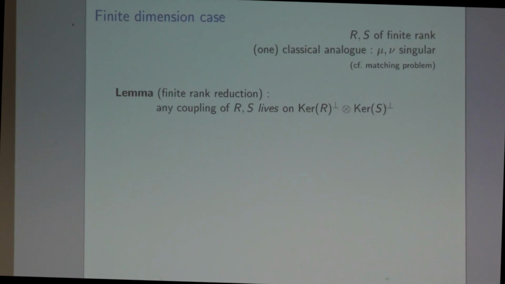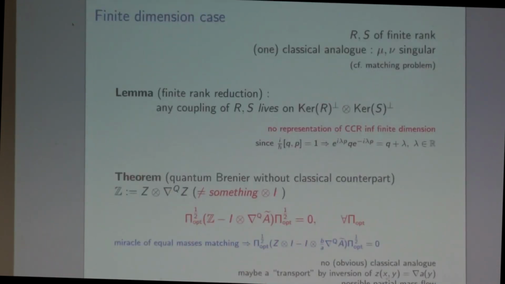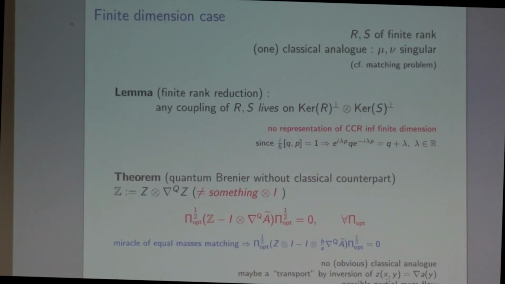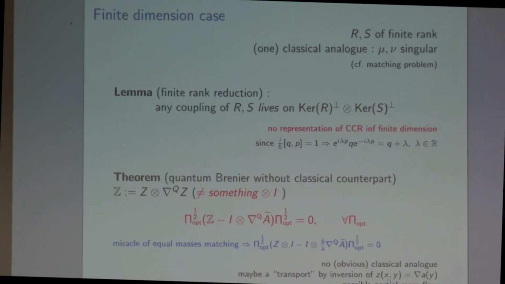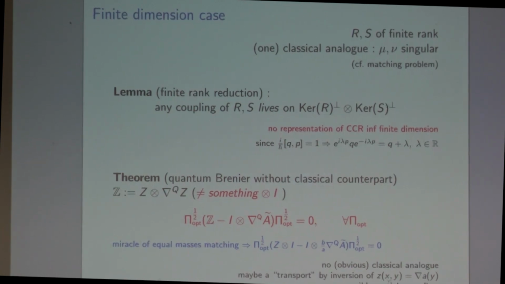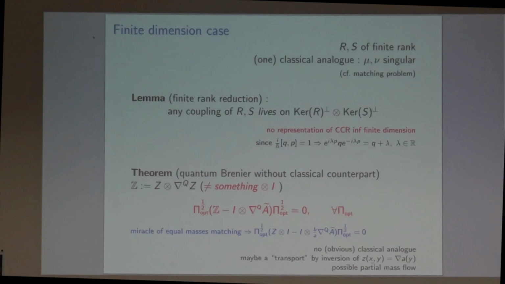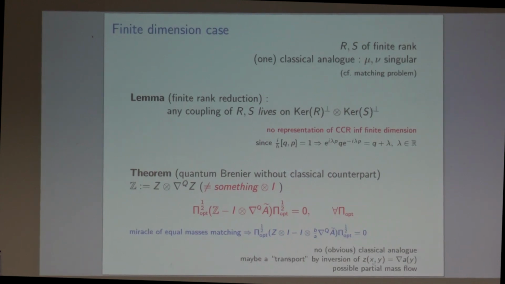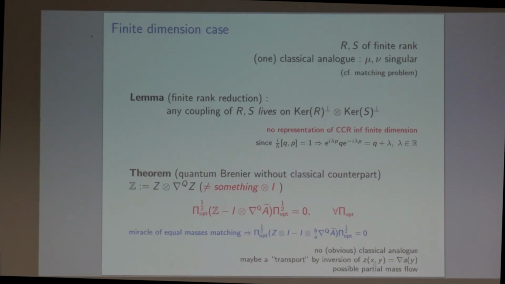Very briefly, in this finite dimensional case, sometimes this kernel or the R and S can have infinite rank. This was exactly the case for the bipartite matching, in fact. And in this case, you can prove that this corresponds to measures mu and nu which are singular, and that are too singular to satisfy the hypothesis of the Brenier theorem.